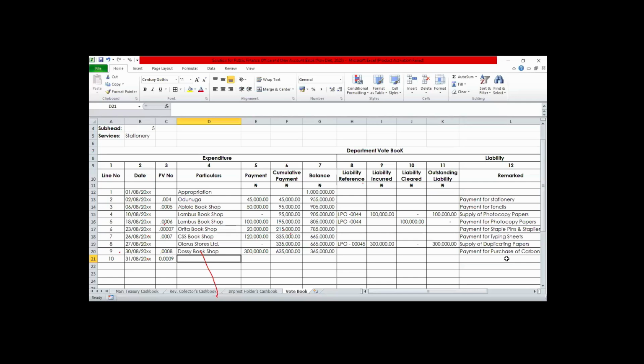How much do we pay? The amount we are owing him before. How much are we owing? 300,000. 300,000 plus the cumulative payment. That is 935.